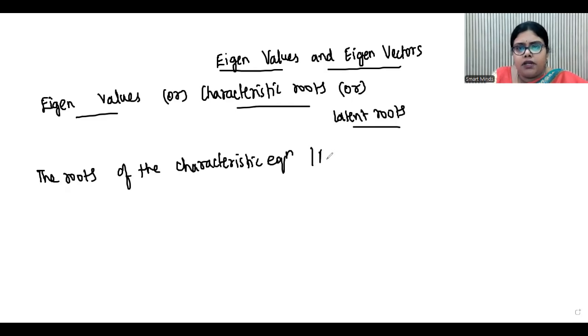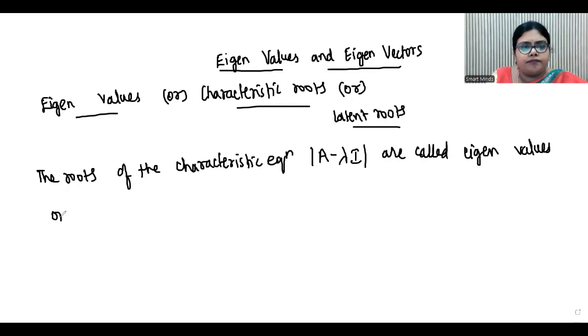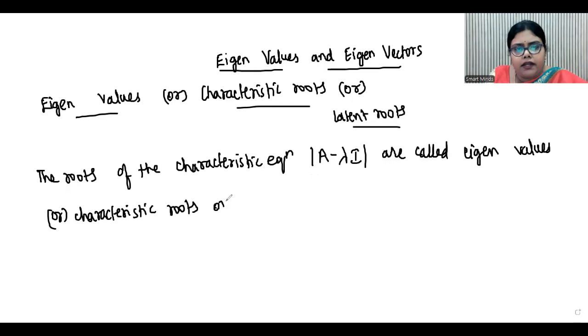That is determinant of A minus lambda I. Always remember, determinant of A minus lambda I is characteristic equation. And roots of this characteristic equation are called as eigenvalues or characteristic roots or latent roots.